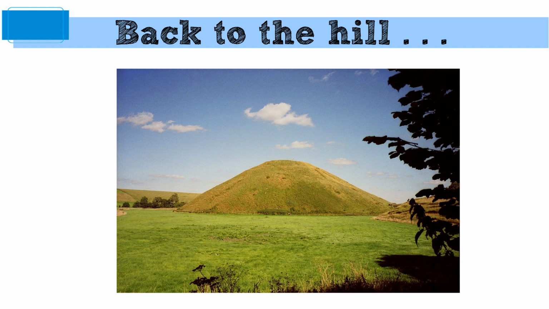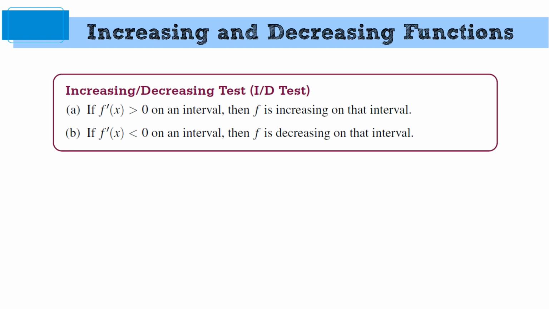Okay? Let's get rid of this mess, and let's go here. We did this already, but we're just going to put it in fancy mathematical calculus speak. If the derivative is greater than 0, then the function is increasing. If the derivative is less than 0, then the function is decreasing.